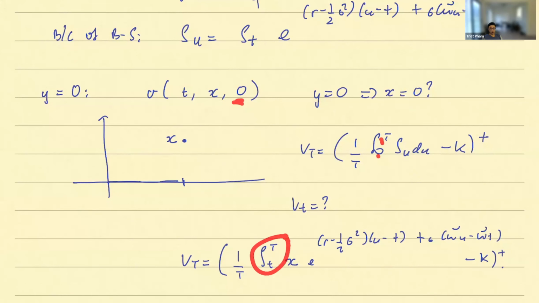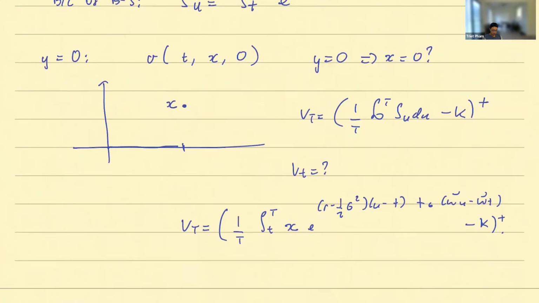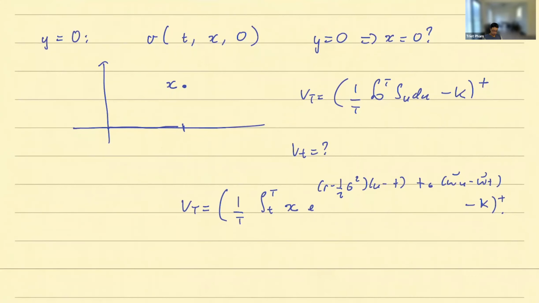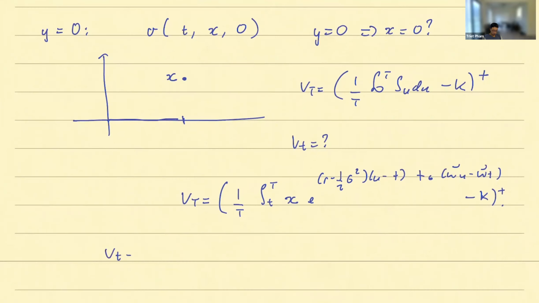So you only have the area from little t to big T starting at x. However, to find V little t, you need to take the expectation of this guy, and we're back to square one, because exactly, we don't have an analytical formula for some expression like this.